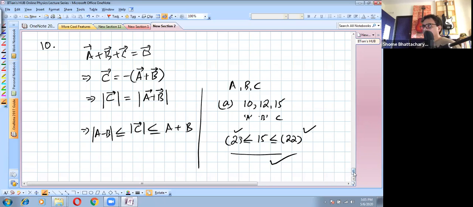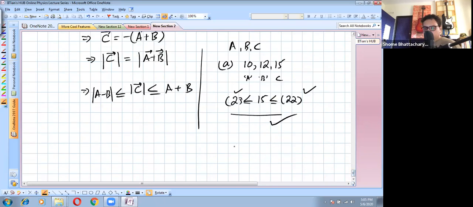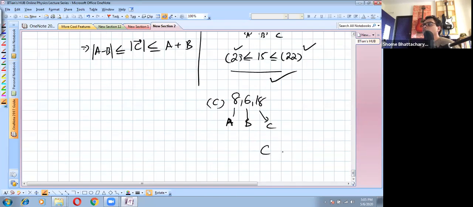But for example, now let's take this one: 8, 6, 18. This is option C. I'm just randomly picking this. This is A, this is B, and this is C. Now C should be less than or equal to A plus B, and should be greater than or equal to the difference of these two.